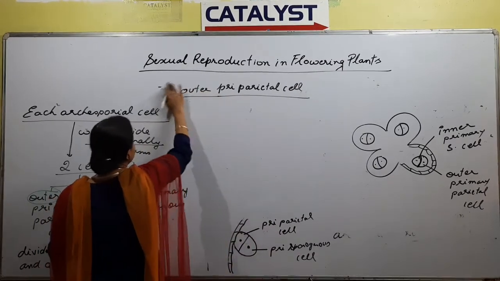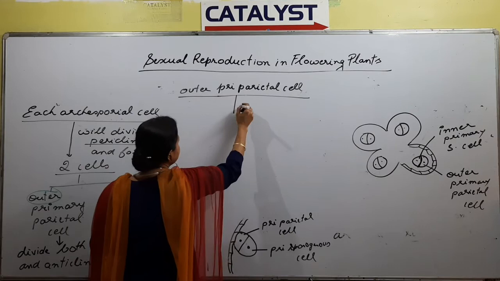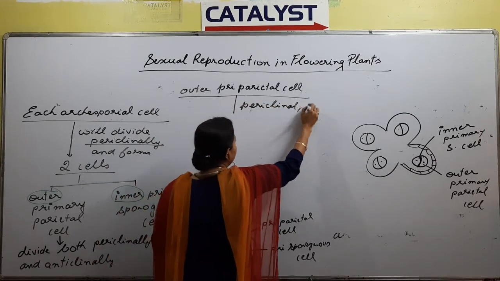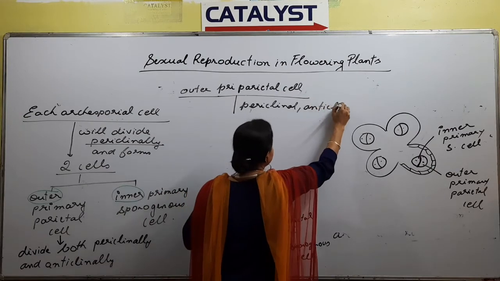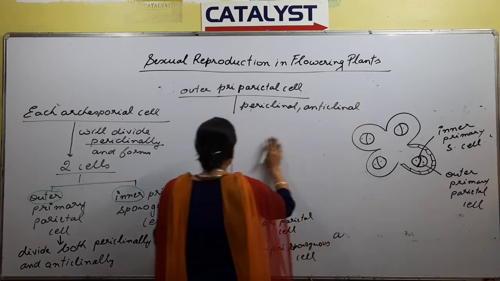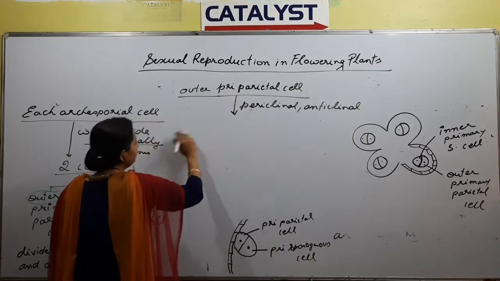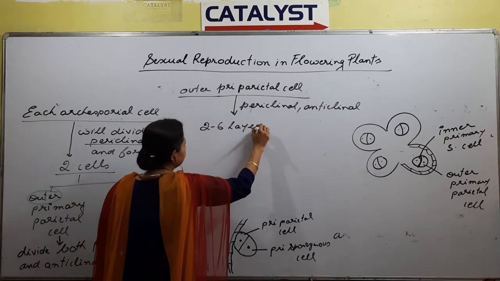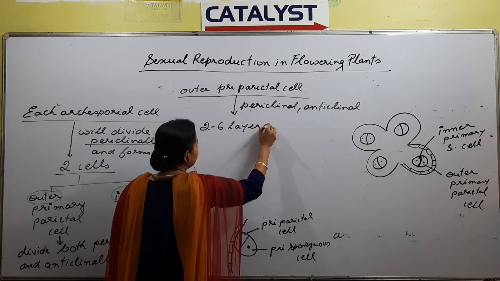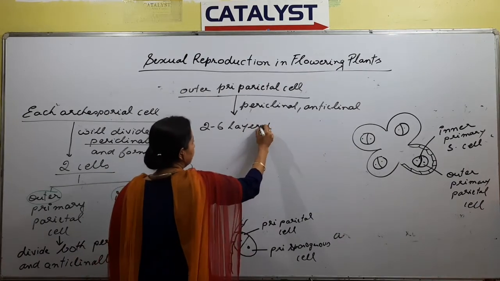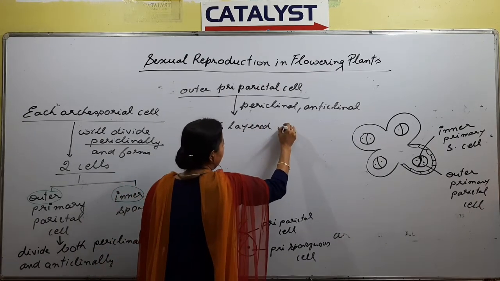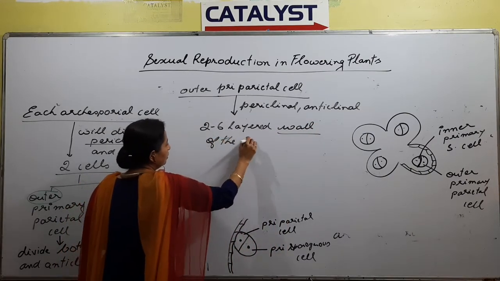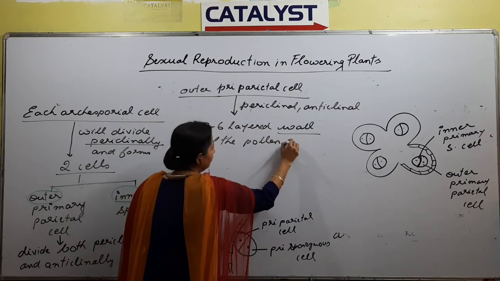What will it do? Both periclinal and anticlinal, so it will divide in all directions, and then they will form a 2 to 6 layered wall of the pollen sac, right?